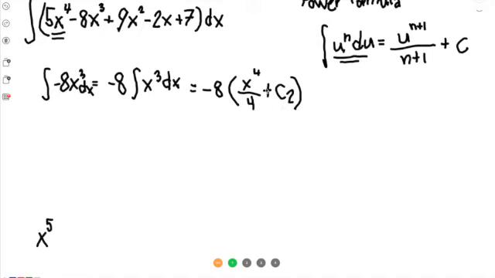This would just be negative 2 and this will cancel. So we are left with negative 2 x to the 4th power plus, I would write negative 8c2, but then again, that's just a constant, so let's just say it's c sub 2. And this is the answer for the second one.